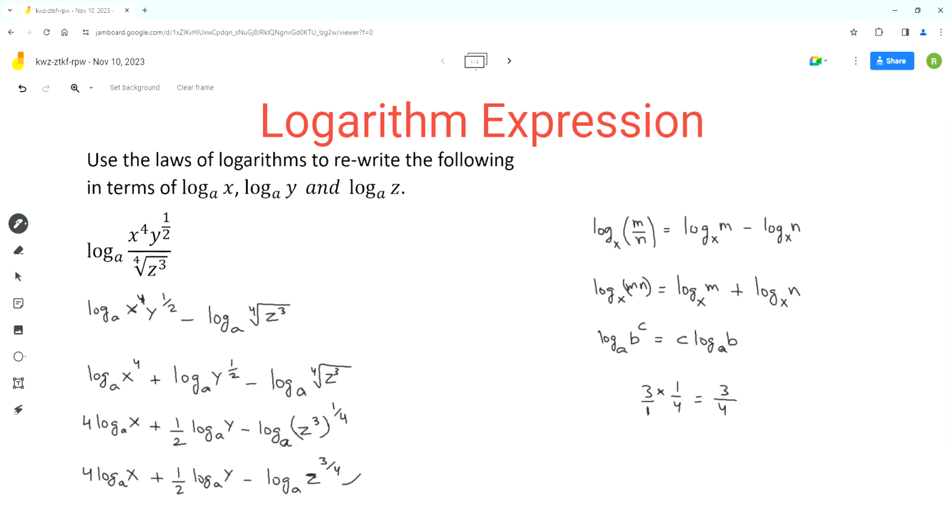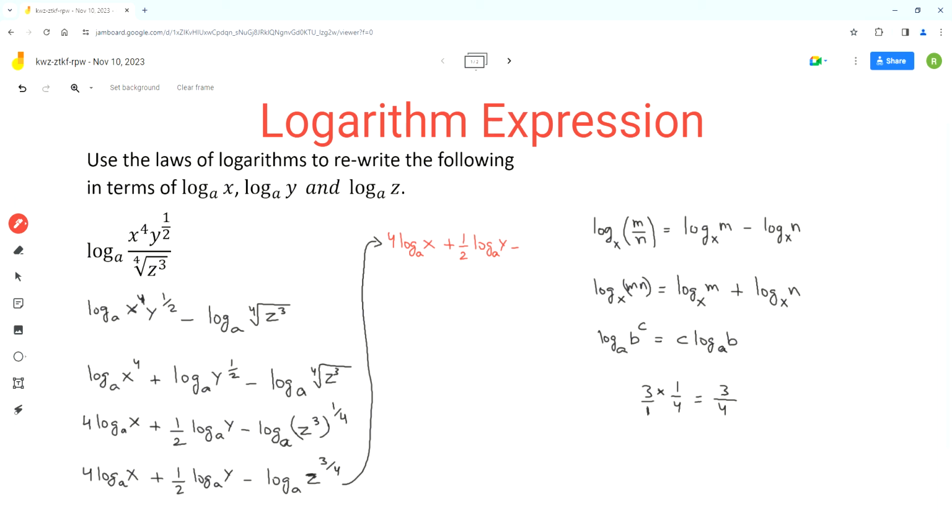So we can just move a step here. And I can use a different color now. The x and the y terms stay the same, plus 1 over 2 log of y base a. And now for the z term, we can use the power law of log. So the exponent on the z becomes the coefficient of the log term.